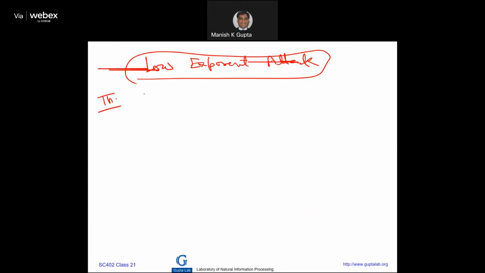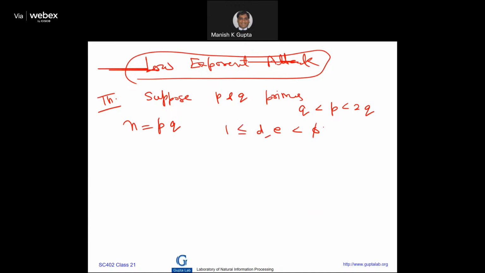We are going to use the following result. Suppose P and Q are primes with Q less than P less than 2Q, and suppose N is equal to the product of the two primes, and let 1 less than or equal to D and E both less than phi of N, such that D into E is congruent to 1 mod (P minus 1) times (Q minus 1).